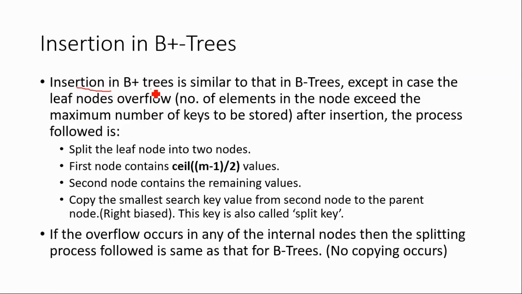Insertion in B plus tree is similar to that in B tree, except in the case when the leaf nodes overflow. Overflow means the number of elements in the node exceeds the maximum number of keys to be stored.